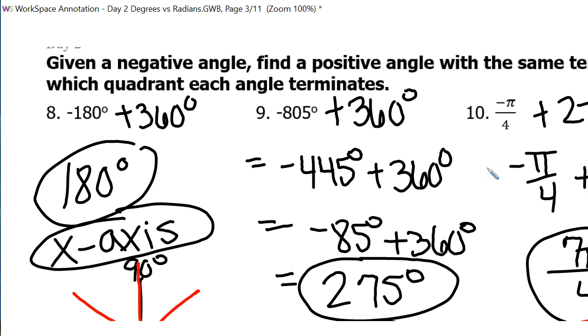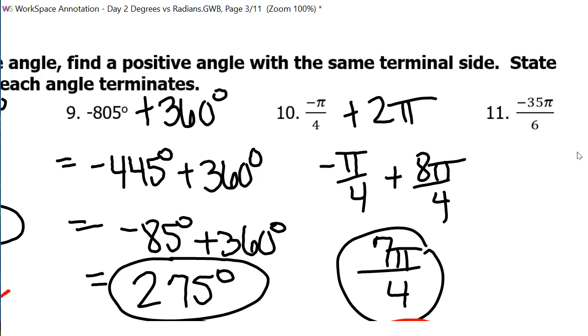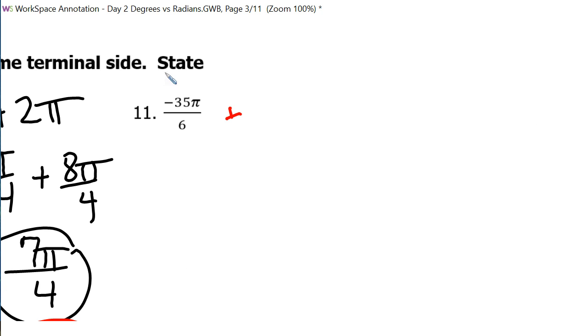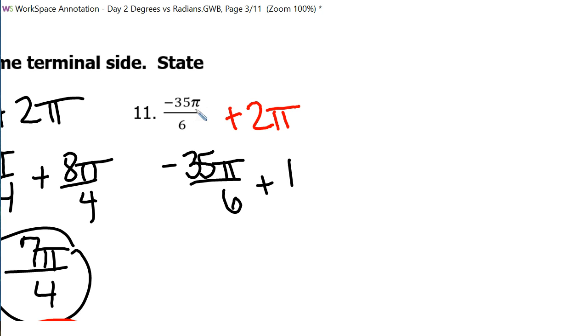And number 11, add 2 pi to get to the positive radian measure. So this would be negative 35 pi over 6 plus 12 pi over 6. Is that going to get me close to being positive? No. Try 24.